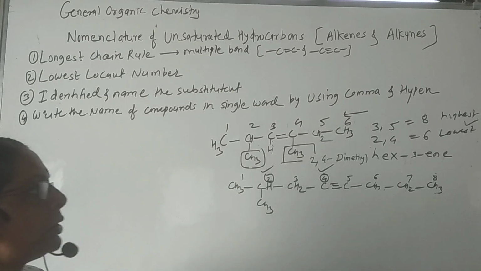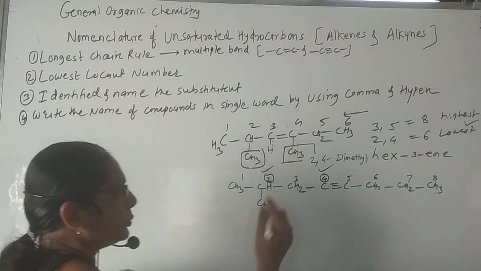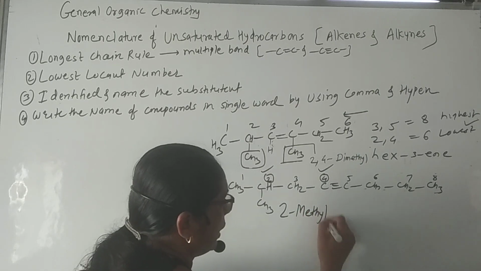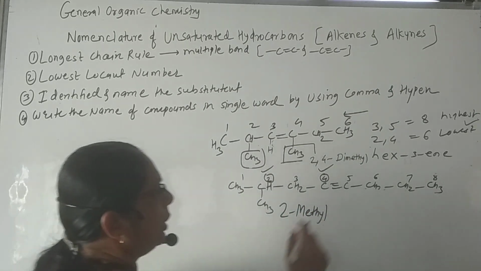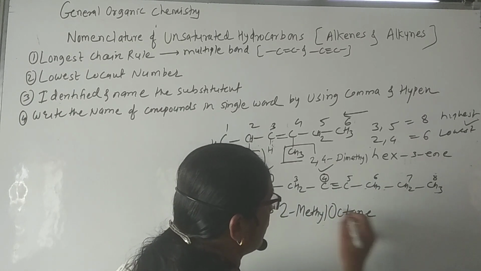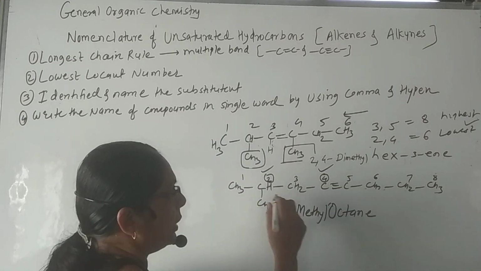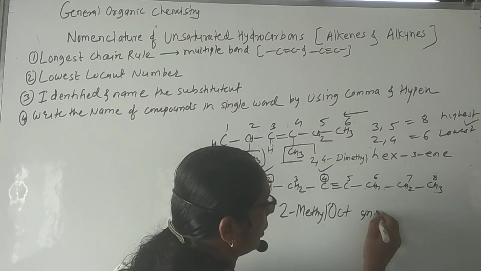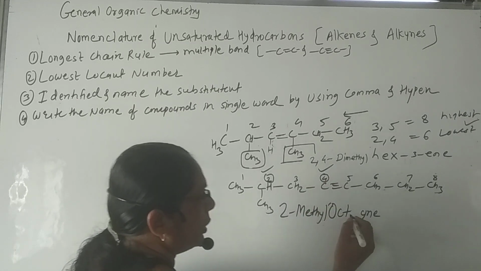Now in this case, what is the name of this compound? It is 2-methyl, with a dash. Then it has parent 8, so it is octane, but it has a triple bond. So change ANE to YNE, and the numbering shown is 4.